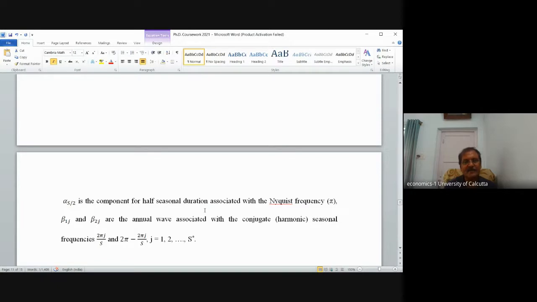Here j varies from 1 to s star. In the case of quarterly data, s star is equal to 1, so you can set j is equal to 1 in the expression for quarterly data.